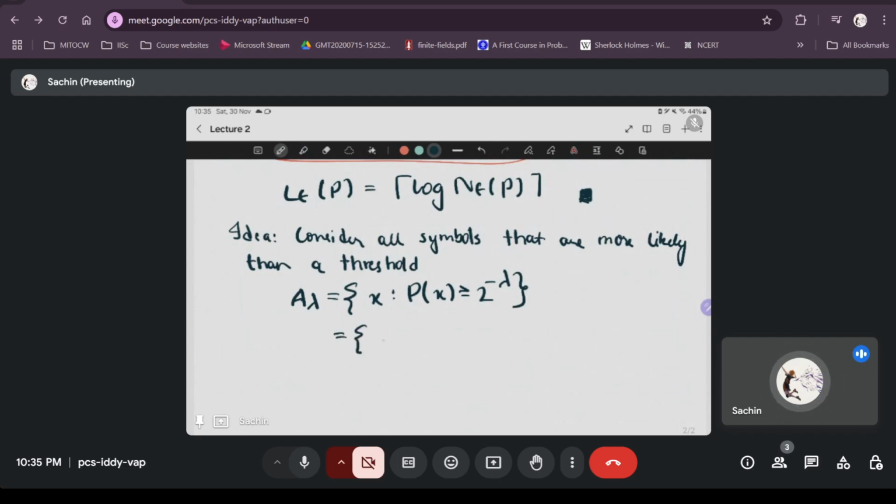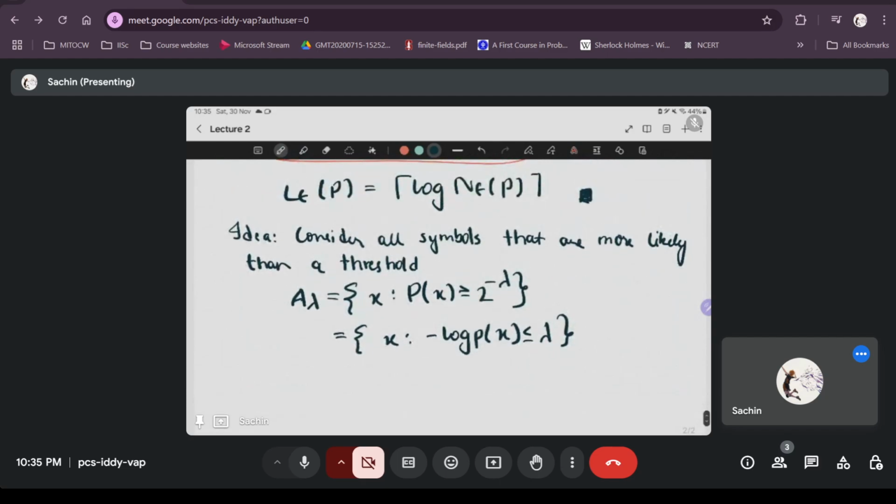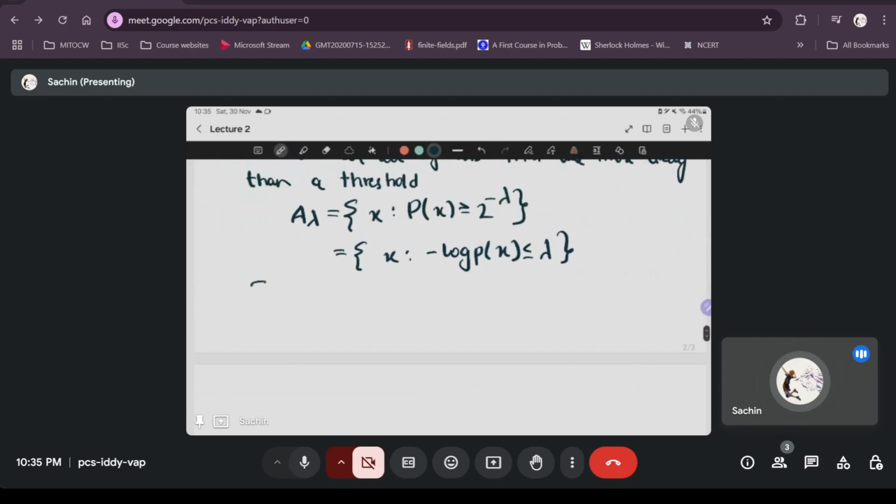Or you could write this another way. You could write this as x such that minus log p of x less than or equal to lambda. Now we have a fact, which is that the log of the cardinality of this set is less than or equal to lambda. That's because the sum of probabilities of the outcomes in this set is less than or equal to 1, but each of these p of x's is greater or equal to 2 power minus lambda.